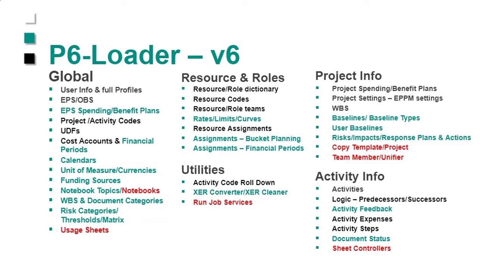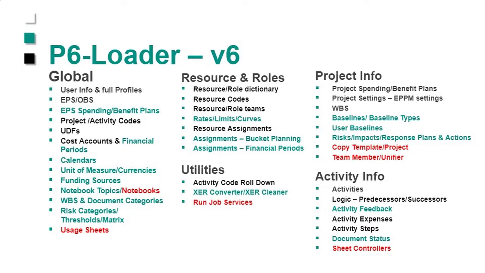Under resources and roles, we have the resource and role dictionary. We have resource codes, teams, limits. So if you want to set your resource limits, you can. For resource assignments, we can do financial period assignments and bucket planning. And at the project level, we have the project spending and benefit plans, the WBS, the baselines, and those can be all baselines.